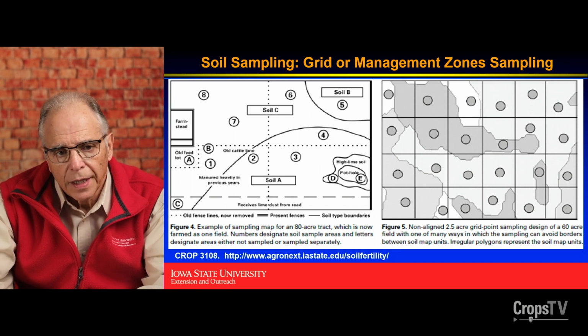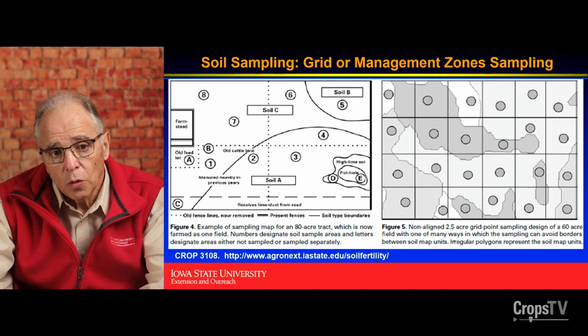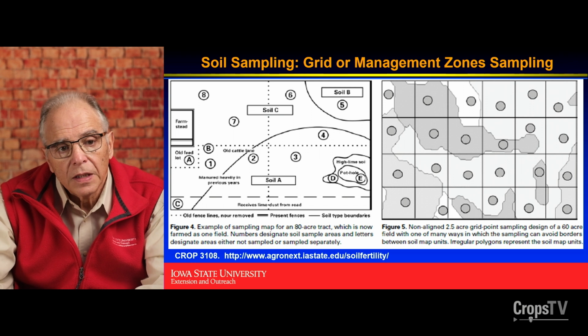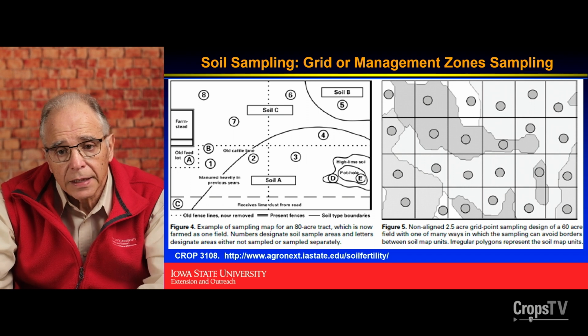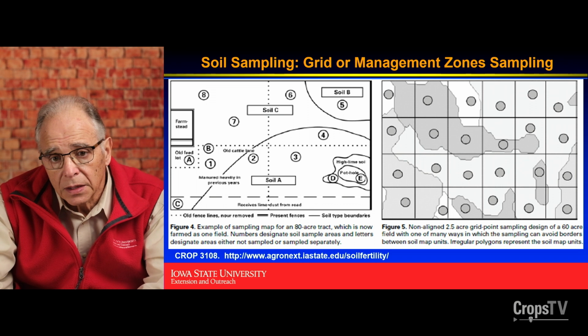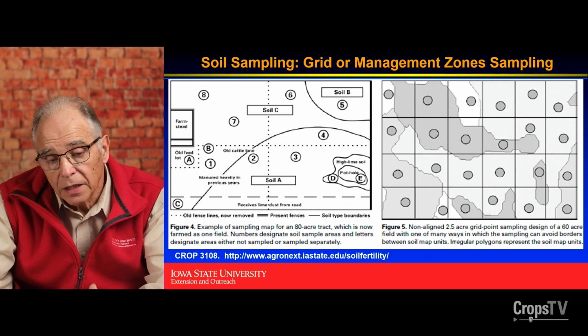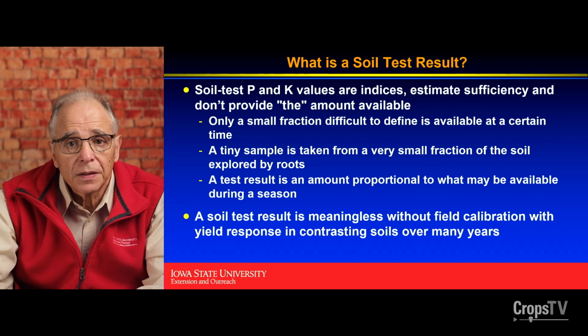We need to consider the soil series, but also consider slope, erosion phases, even yield sometimes, or other things that may tell us that something may be different in the field. And then, of course, we have grid sampling, where we get more samples, but as I said, still don't just take 3-4 cores. Okay, we need to take more cores per sample, especially when people have been banding P&K fertilizers.